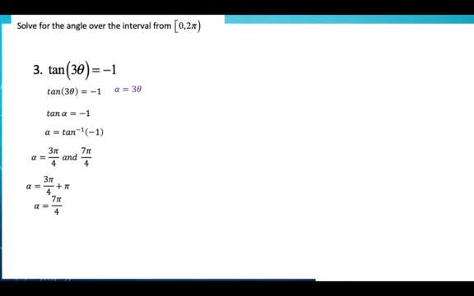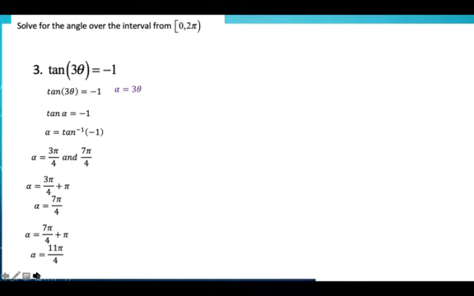For sine and cosine, we would take our angle and say plus 2 pi k. But for tangent, we could say plus 2 pi k, or because of where it's positive and where it's negative, we could just say pi k, which is why I'm just adding pi instead of 2 pi. So if I take 3 pi over 4 and add pi, it gives me 7 pi over 4, which was my other angle.